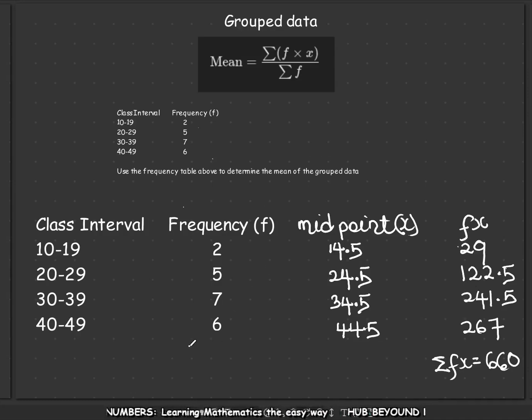You see, so that is sigma f. And sigma f is just 2 plus 5, which gives us a 7. 7 plus 7, we have a 14. 14 plus 6, that gives us a 20. So we have these two values, hence we can find the mean of the data.